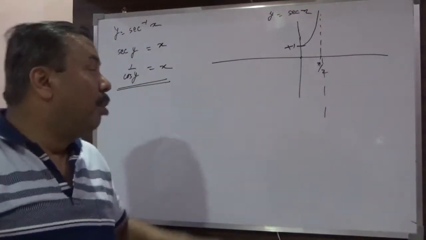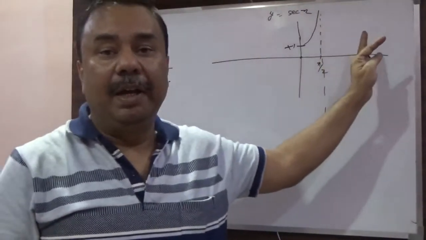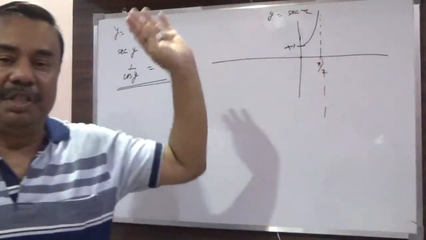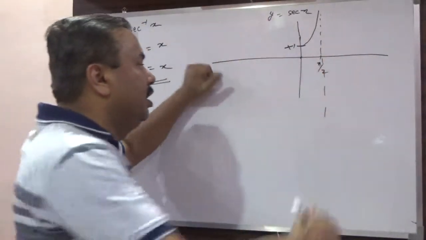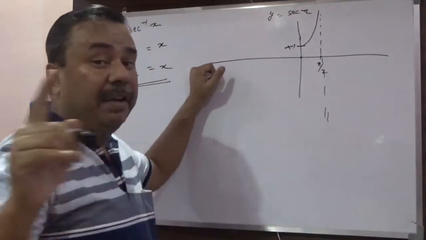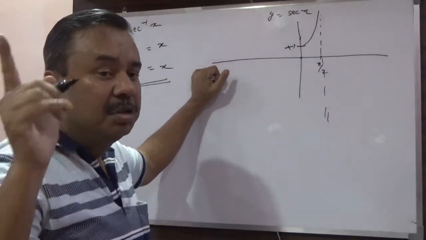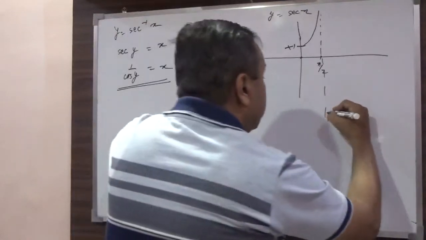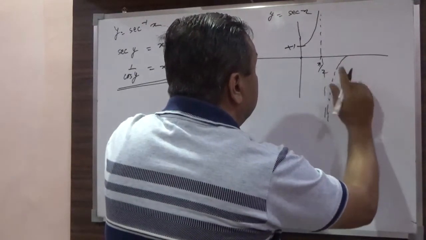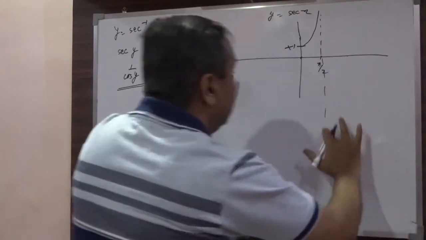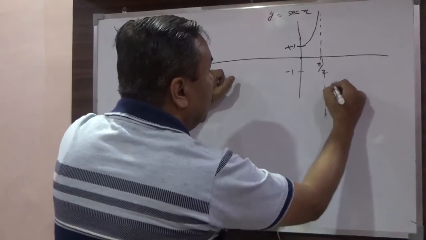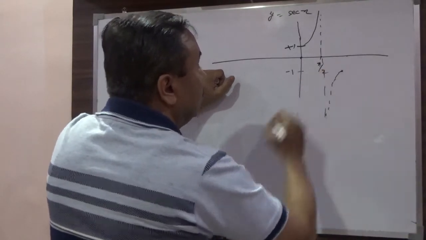The moment we increase the value of angle, that means the angle is entering the second quadrant, where cosine is negative, so sec is also negative. So it will start from there, and when it reaches pi, its value becomes minus 1.